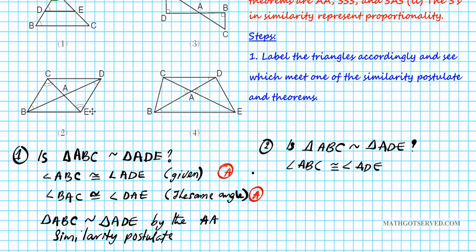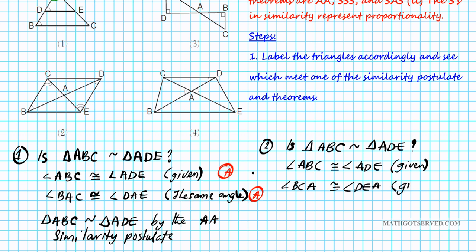How do we know that? It's given. And then we also know that angle BCA, the one with two arcs, is congruent to angle DEA. They're also congruent because that's a given.